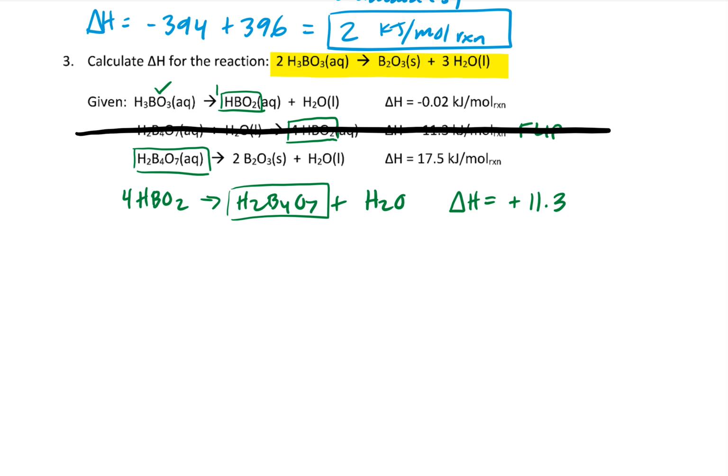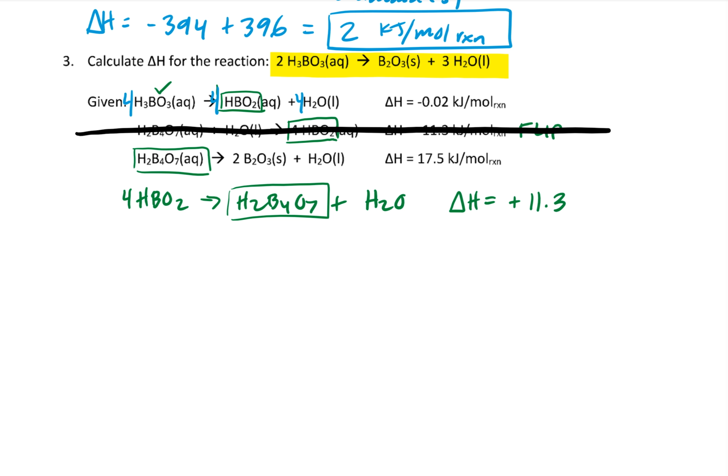Those do not completely cancel out because in order to completely cancel out, you have to have the same coefficient. You have to have the same number of moles. So what I want to do is multiply the first equation by 4. I'm going to multiply all the coefficients by 4.